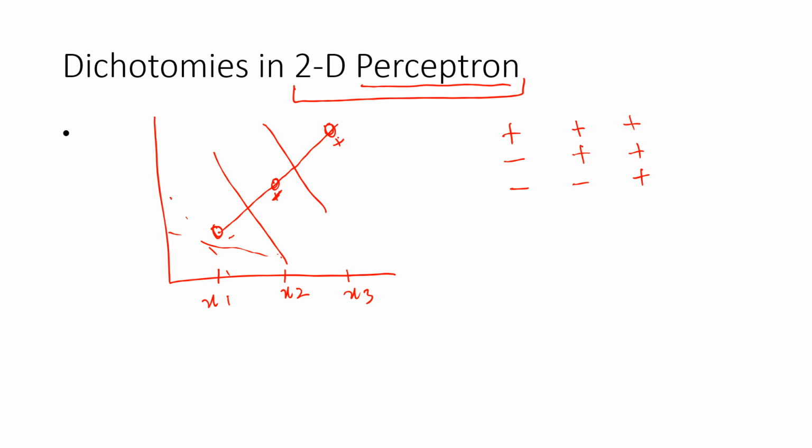So that's essentially what we mean by implementing the dichotomy. If all three are negative, definitely I can draw any number of lines here to segregate the region into plus and minus. Similarly, I can also implement plus, plus, minus. Of course, I can do that.